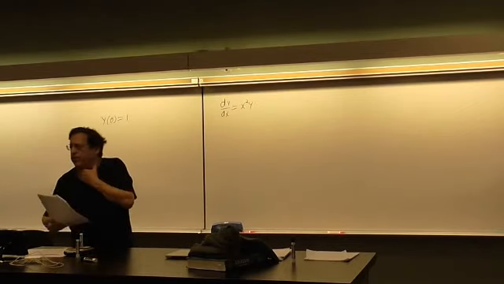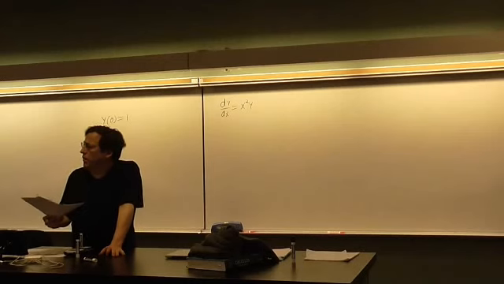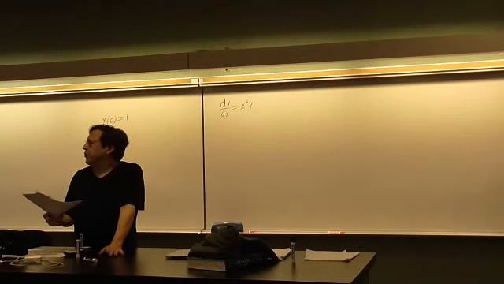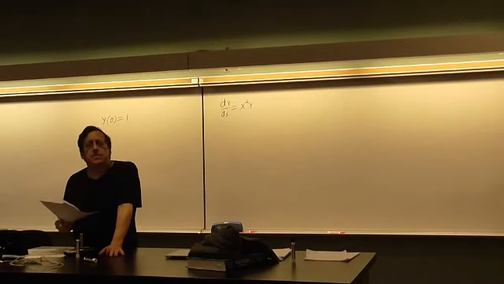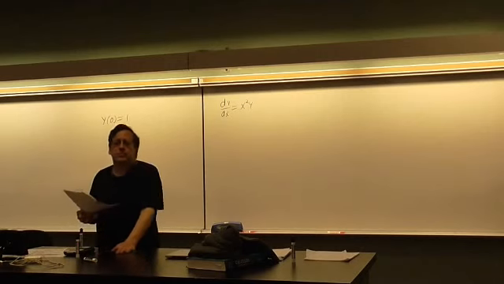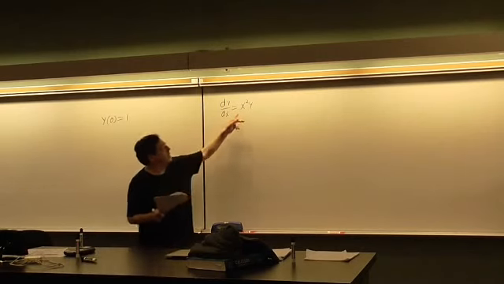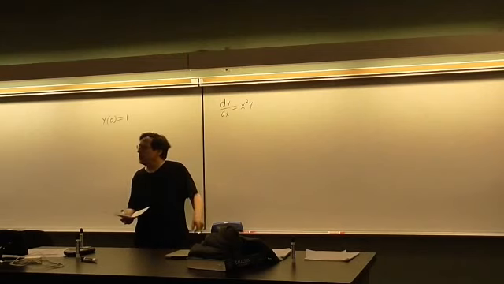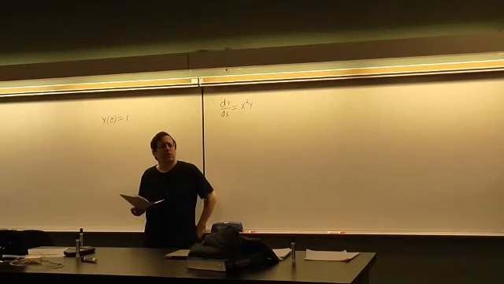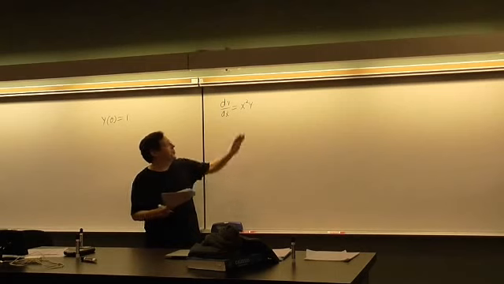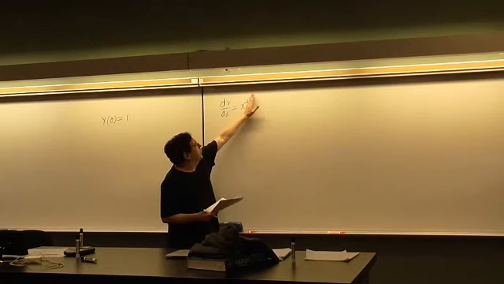Let me first ask the question: is it obvious that we can separate the variables? Is this obvious? Yeah, this is our function of x, and this is our function of y.